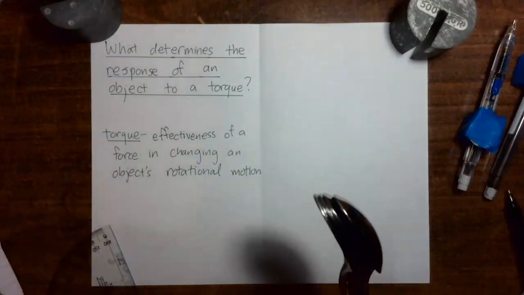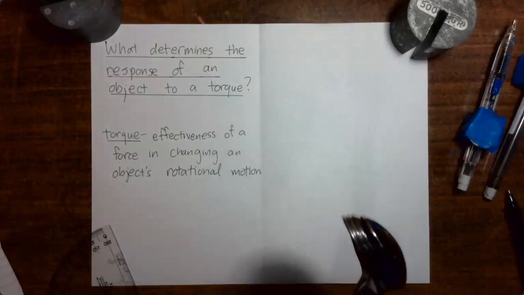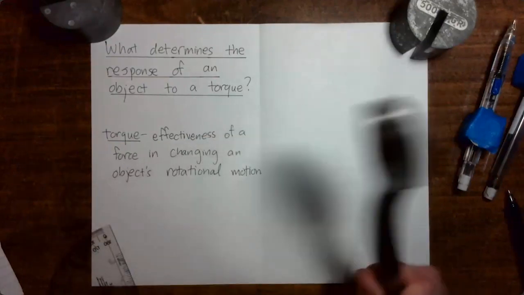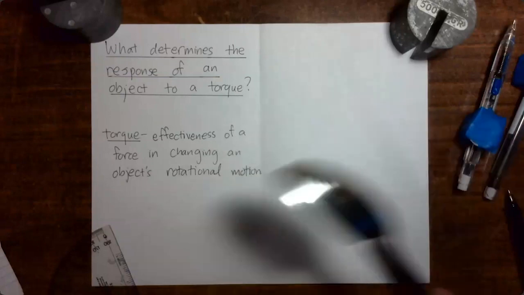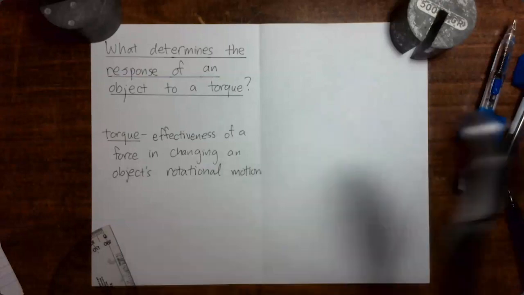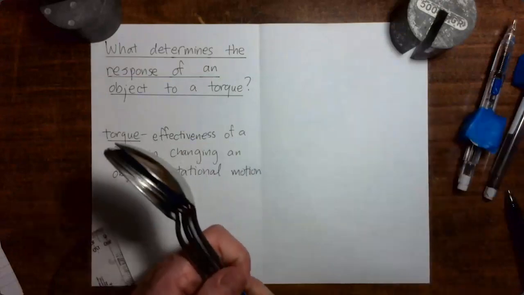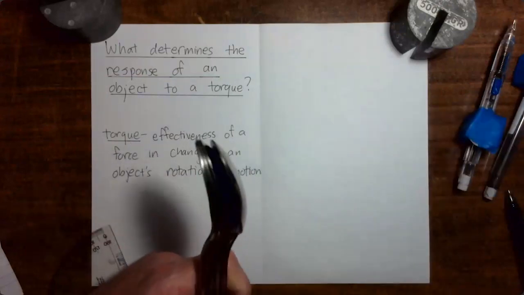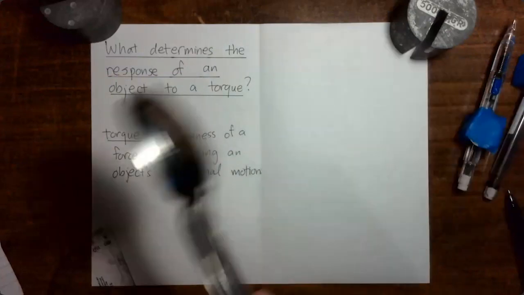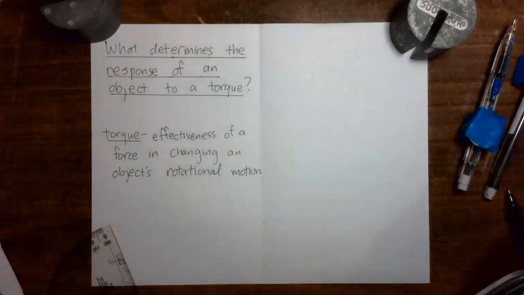Here I have 4 spoons, and hopefully you have a stack of spoons as well. And now I'm going to try the same thing with the multiple spoons. And I can feel, and I hope you can feel as well, that with the stack of multiple spoons, it's much more difficult to get the rotational motion of the spoons to keep changing from counterclockwise to clockwise, and so forth.